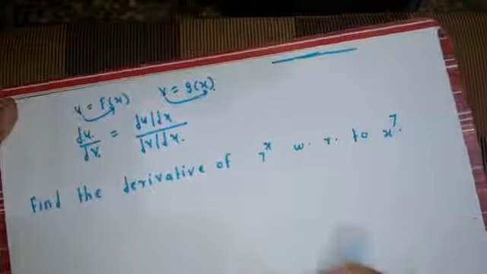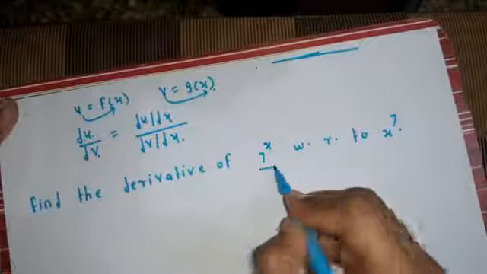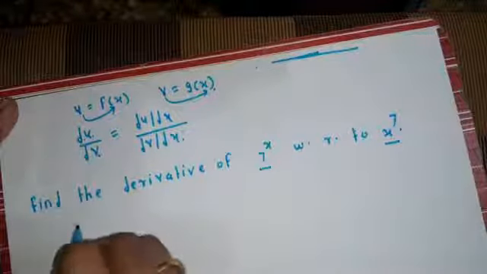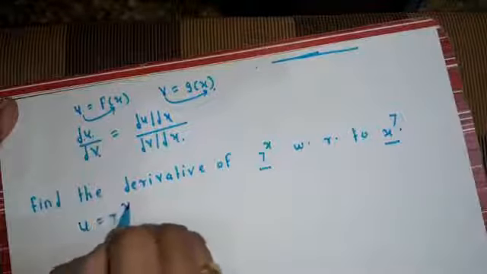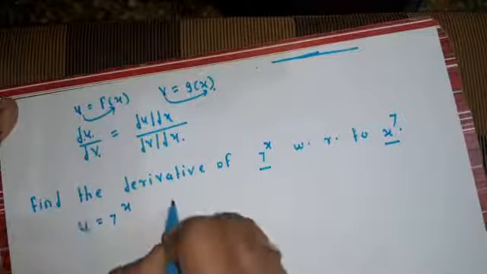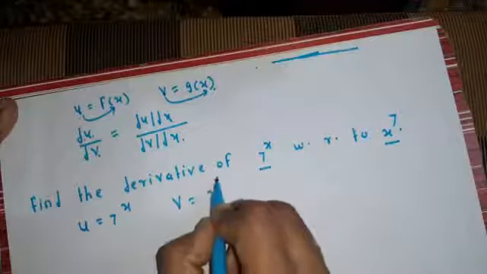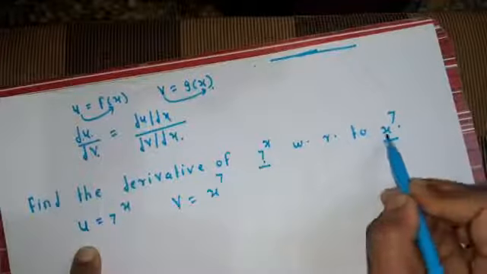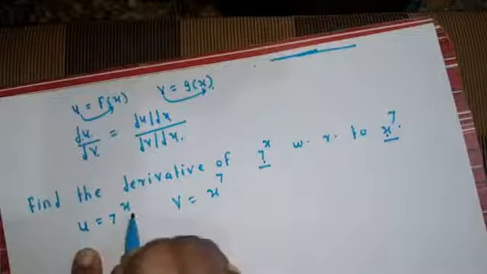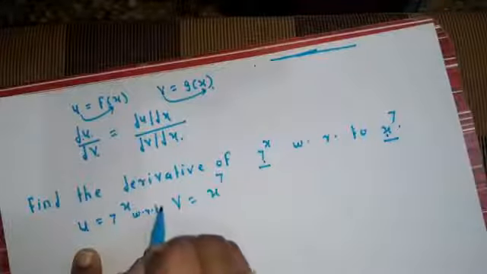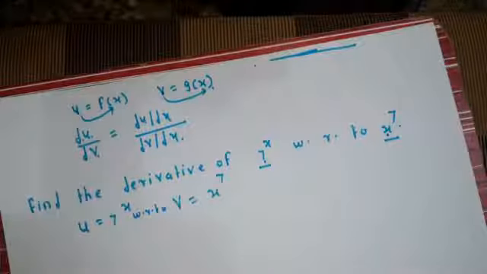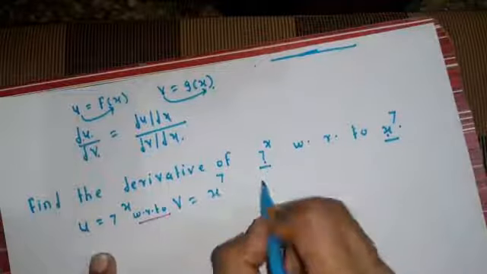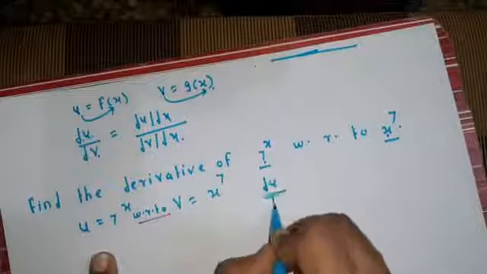Okay students, so here we have to differentiate this function with respect to this. Means here, suppose u equal to 7 raised to x and the function v is x raised to 7. So you have to differentiate u function with respect to v, and that's why we have to find out du by dv.